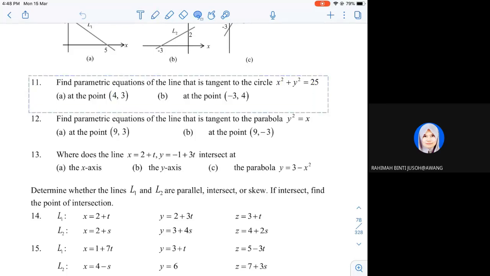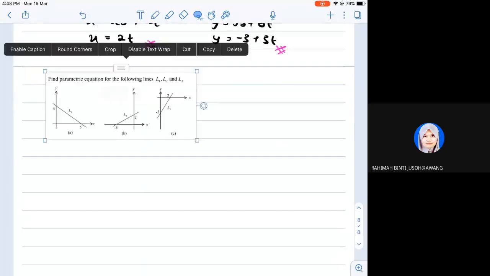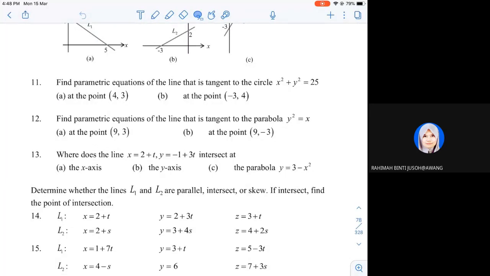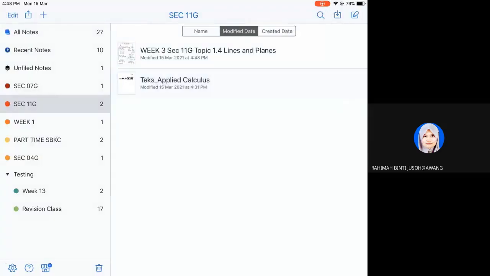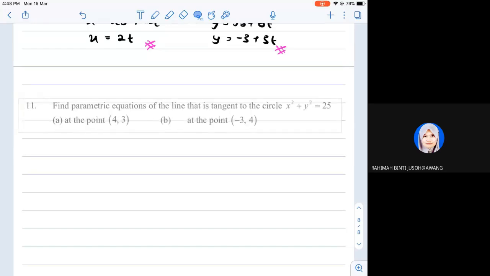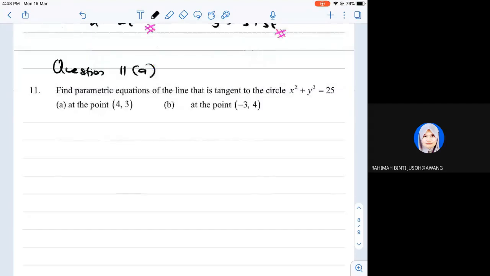So now question number 11. Find parametric equations. Sorry, undo. It didn't detect. Question number 11. Let's say I take 11A.